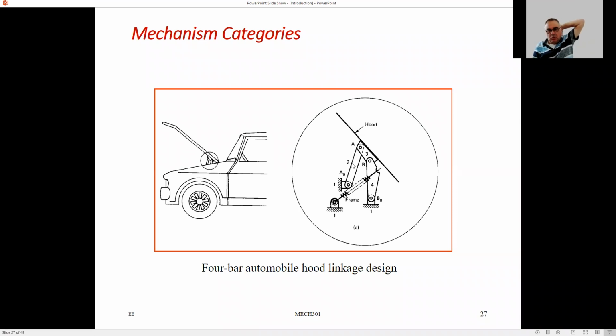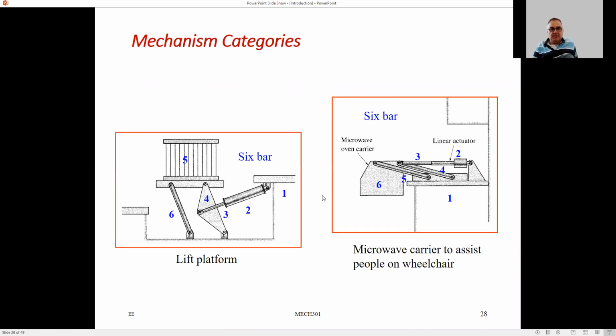Basically, this hood opens and stays there by the help of some sort of elastic link connected to it, okay? So it is possible to, again, use a 4-bar mechanism in order to keep a hood open, for example.